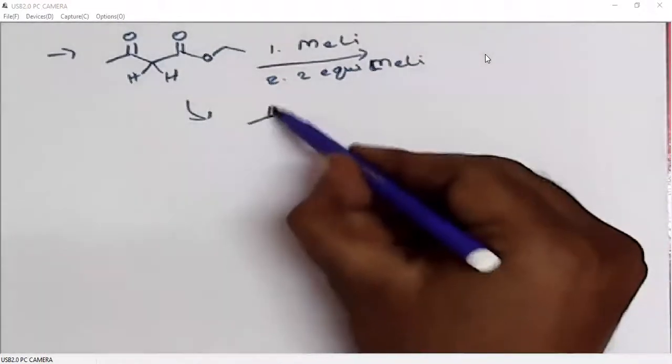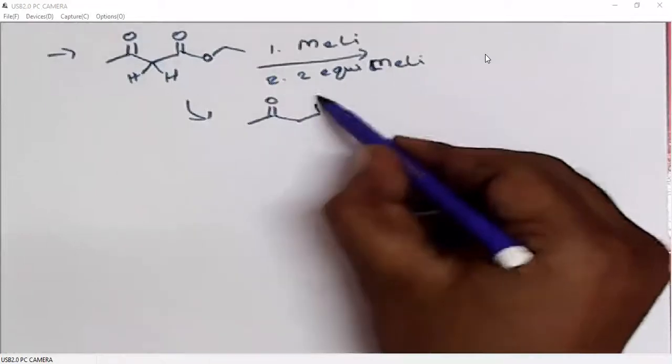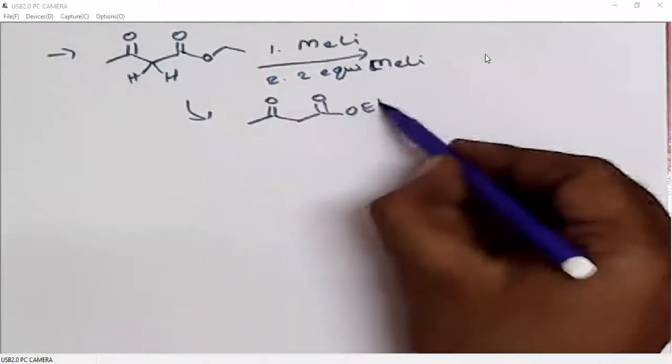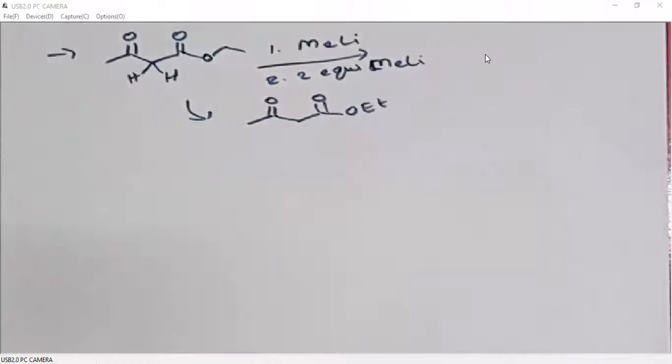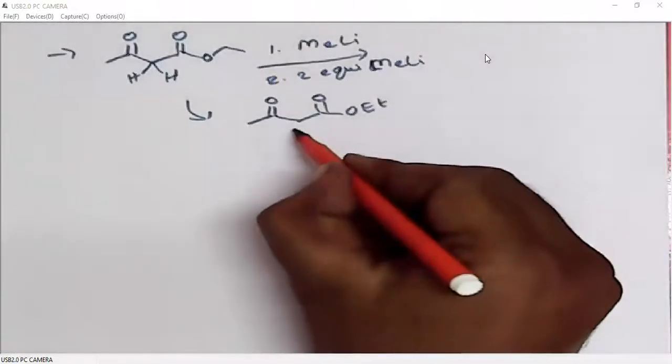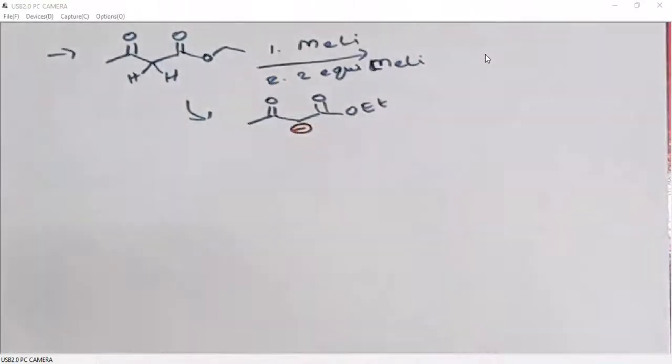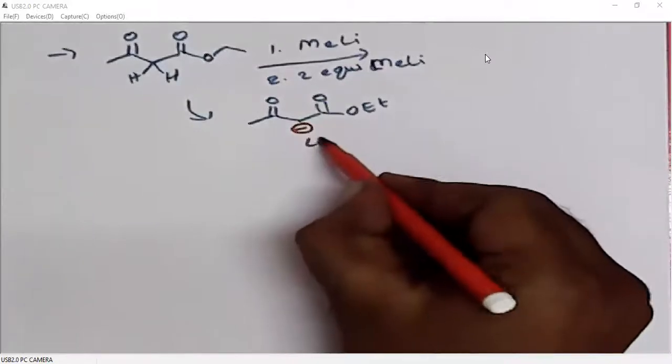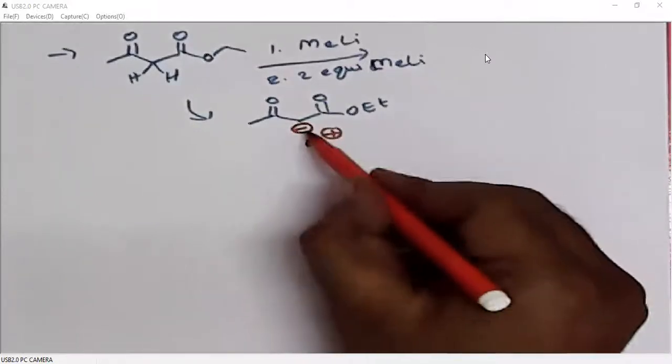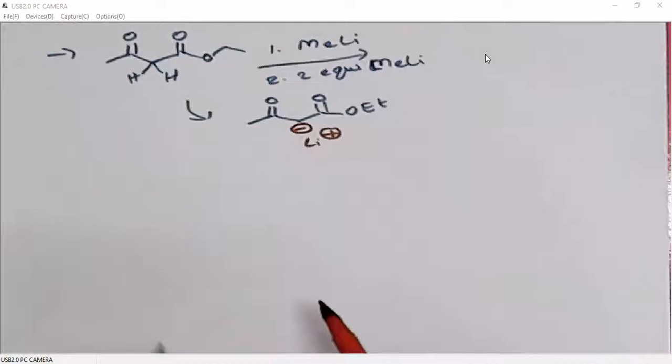So when an acidic proton is available in the compound and when it is treated with alkyl lithium reagents, what we are doing? We are generating another alkyl lithium reagent. So it is in situ generation of alkyl lithium reagents.